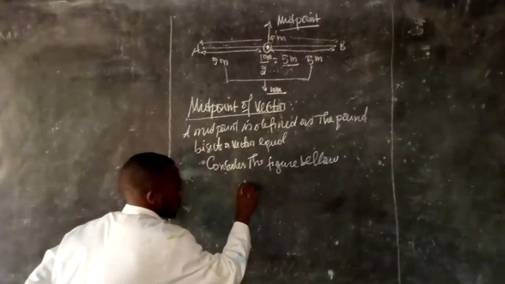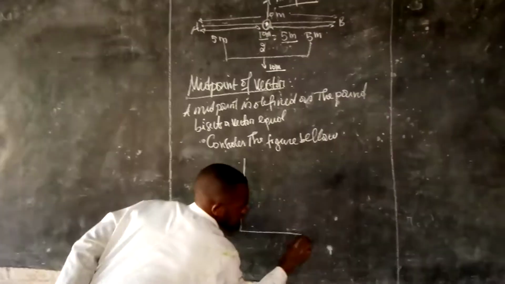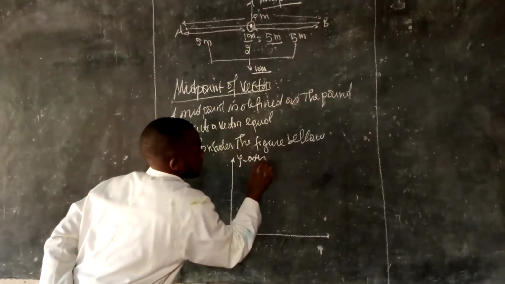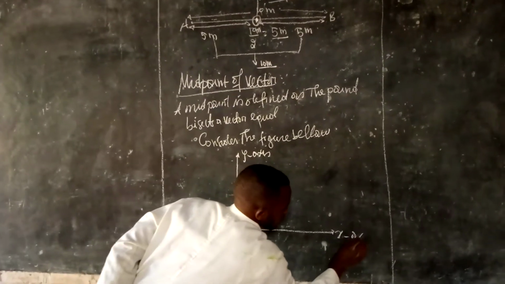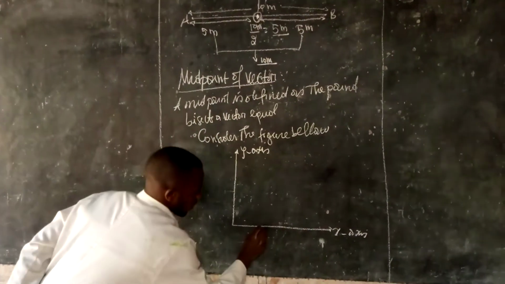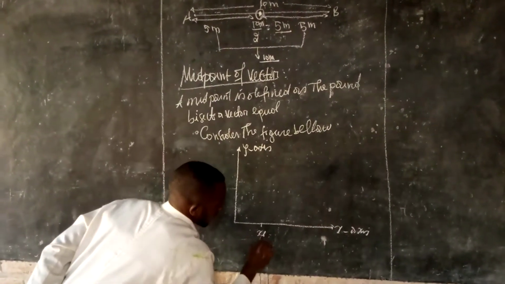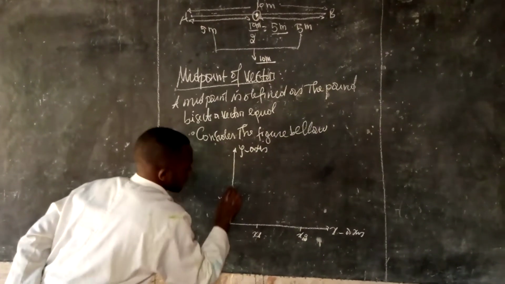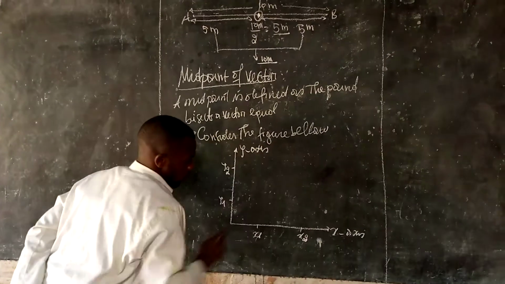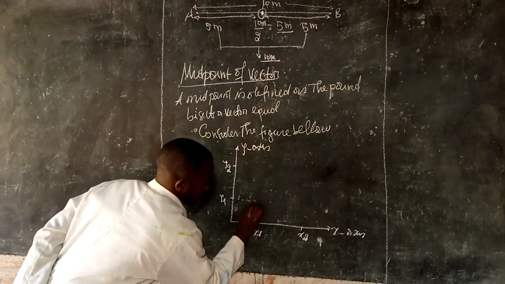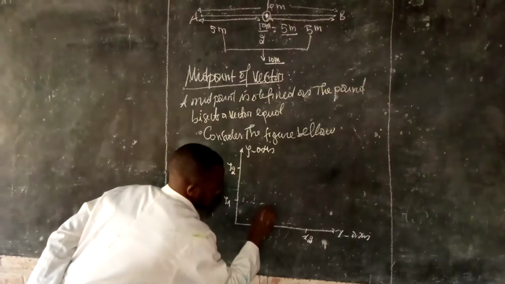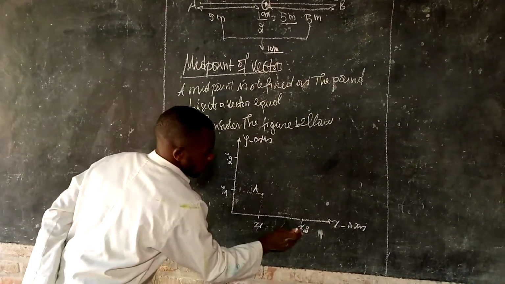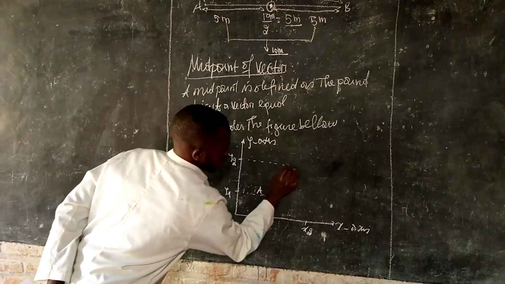Here we have a figure. This is the y-axis. This one is the x-axis. Here we have x1 and x2, and here we have y1 and y2. Join each point. This one, let us call point A. Now join x2 and y2 like this.